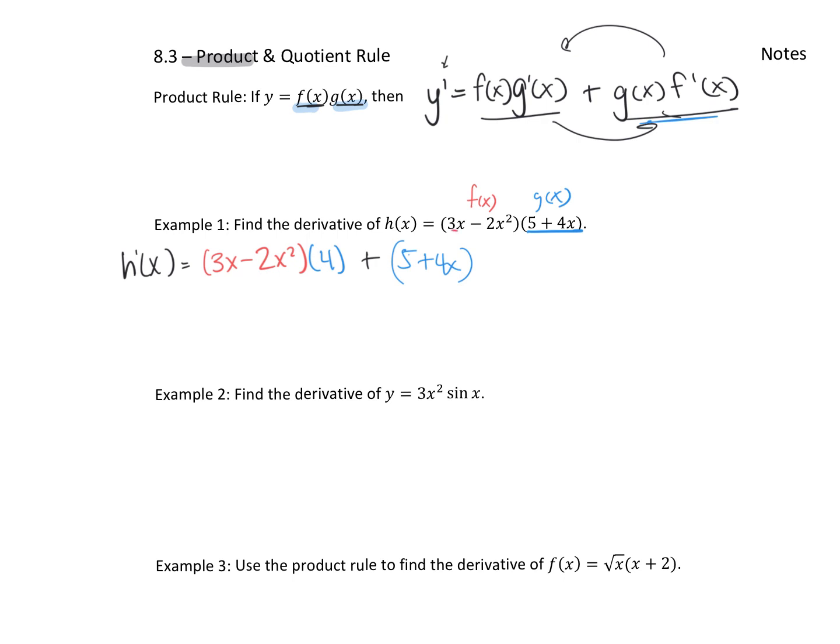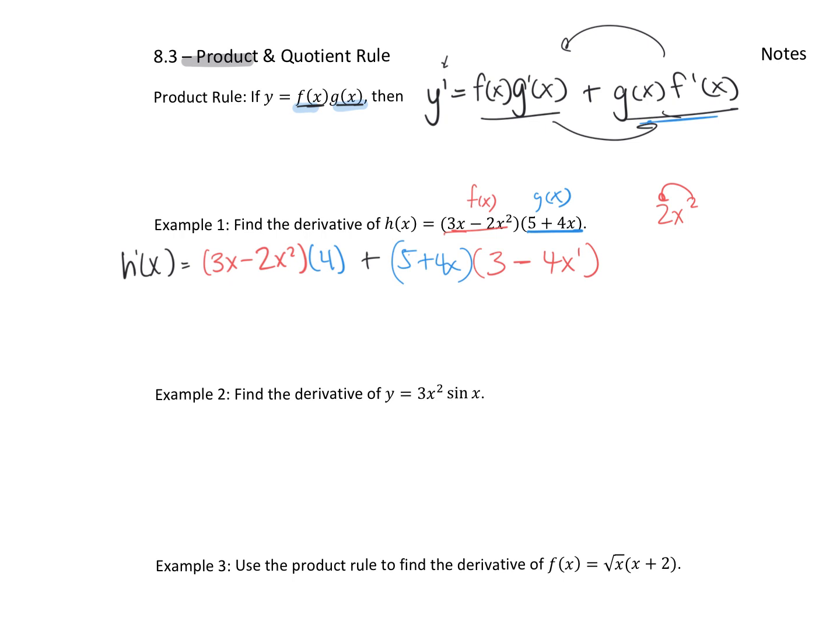Now the derivative of 3x is just 3, minus the derivative of 2x squared. Remember, 2 times 2 is 4, and then we subtract 1 from the exponent. So we wind up with 4x to the first power.